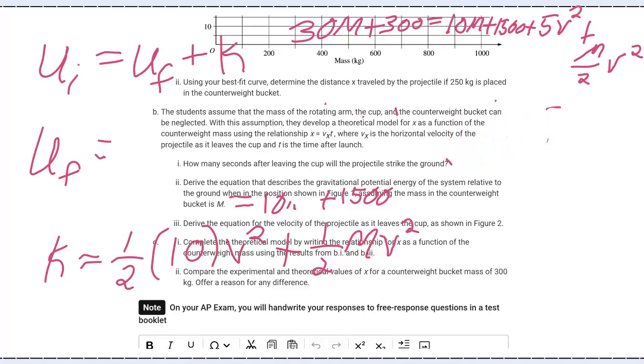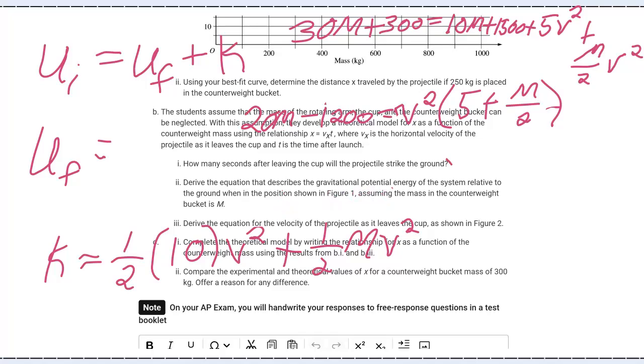Now let's solve for v. That's what it asks us to do. Well, we could factor out v squared, 5 plus m over 2, and then we're just going to take the square root of that to find our v.